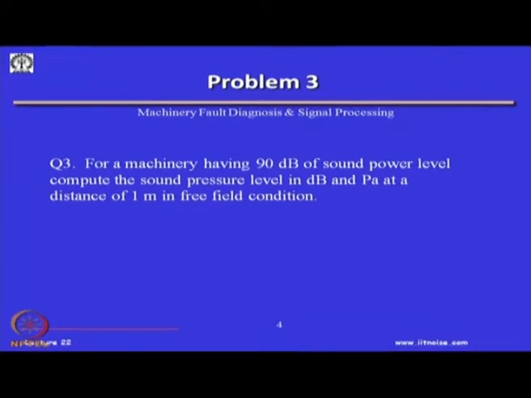Question 3, which says, for a machinery having 90 decibel of sound power level, compute the sound pressure level in dB and Pascal at a distance of 1 meter in the free field condition. Okay.